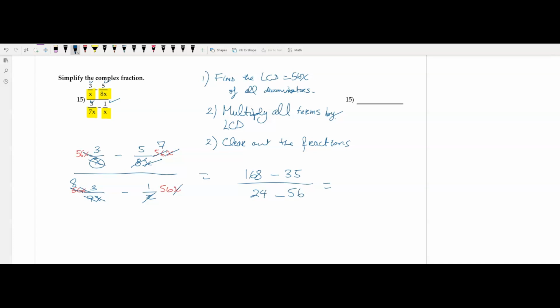I get 133. Seems like. Yep. 133 over negative 32. And that's it. That's what simplifying this means. It will be equal to negative 133 over 32. Okay? All right.